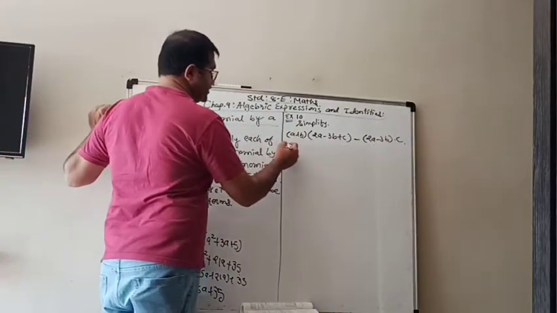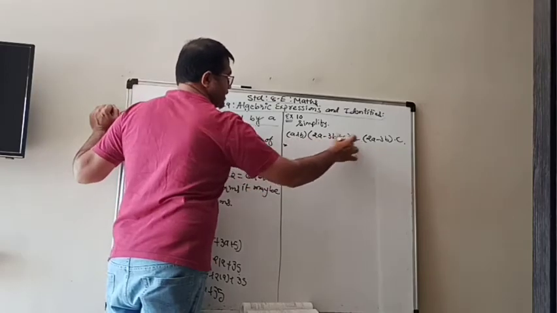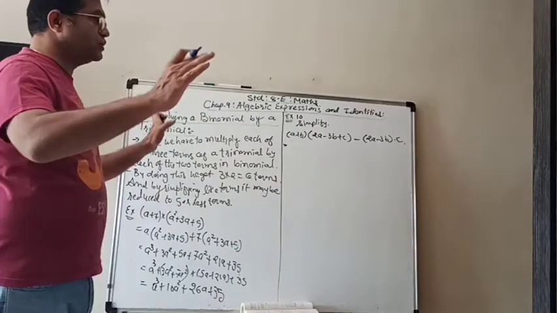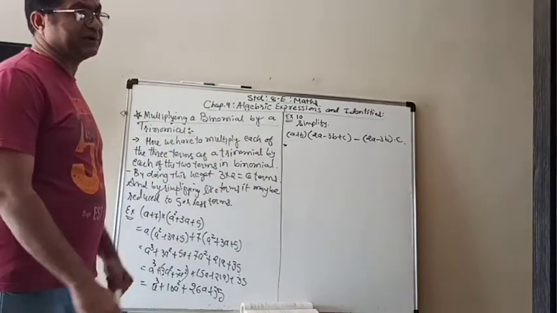Now here it is a binomial with a trinomial, and here it is a monomial with a binomial. So we have to expand them separately.